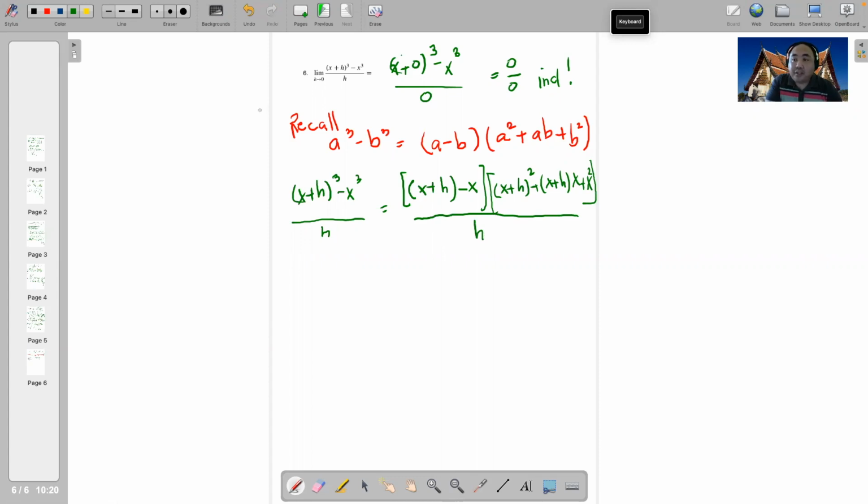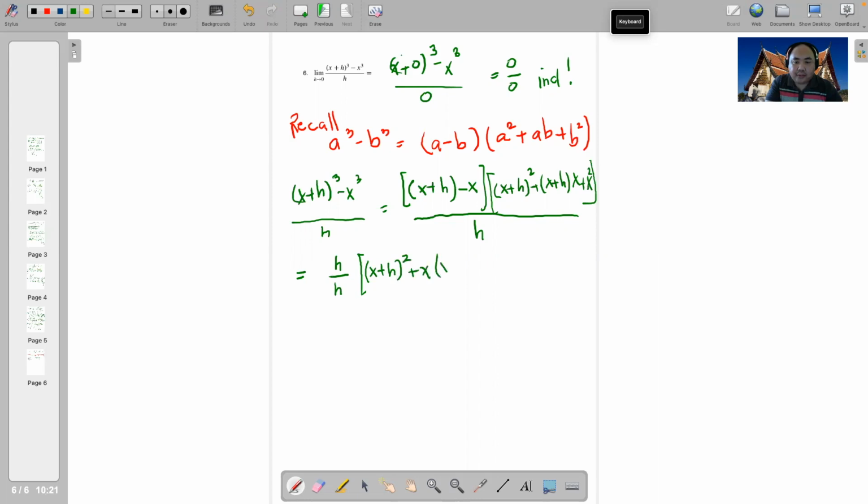But it's very meaningful because now, if you take a look, this will become h over h times this long term.